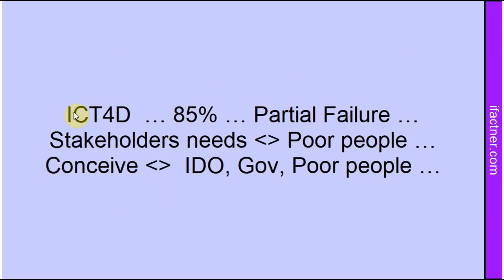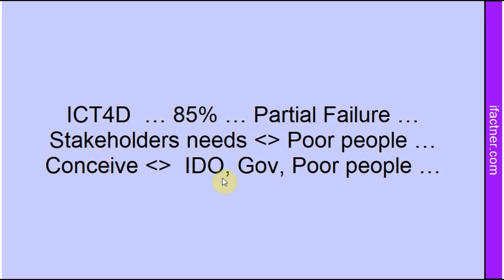You might have heard that almost 85% of ICT for development projects are partially successful, or we can say are partially unsuccessful. One of the main reasons for this is that during the conception of the project, we don't involve all of the stakeholders.